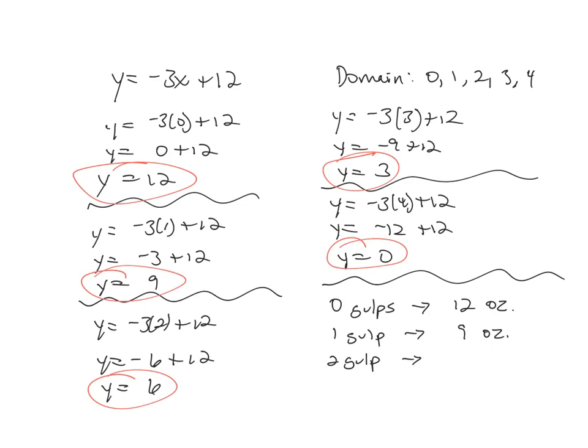After 2 gulps, there were 6 ounces. 3 gulps, there were 3 ounces, and after 4 gulps, it would be empty. Okay, so 3 ounces per gulp. I think that's kind of a lot, to be honest, but that's okay. That's just what the situation said.